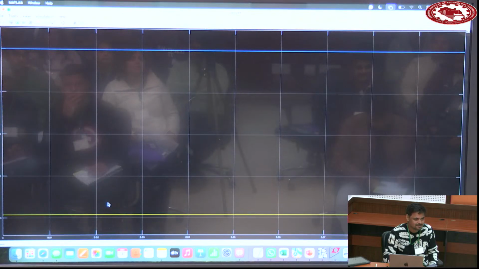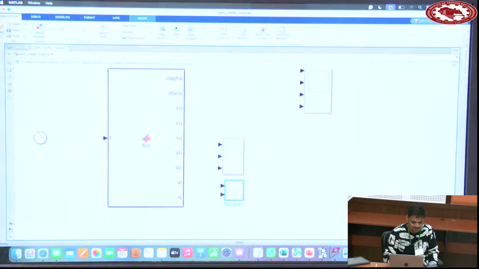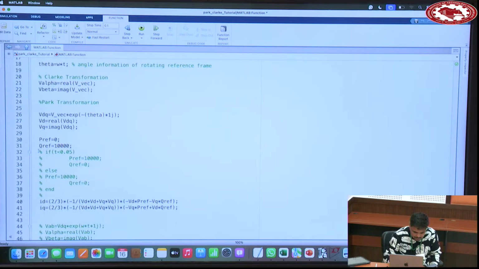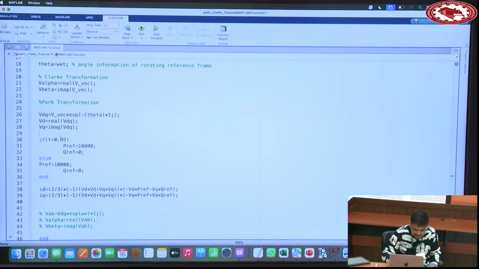Now D becomes negative, this becomes 0. I have written this if correctly. I don't know why this is coming.